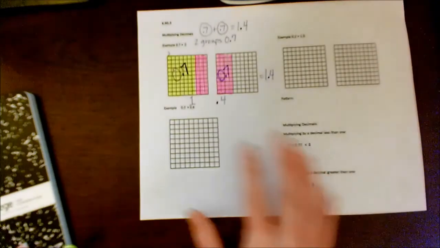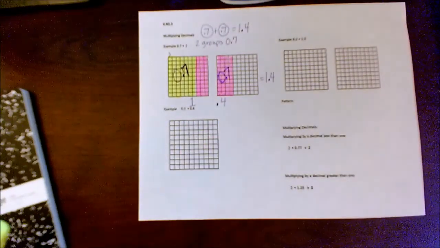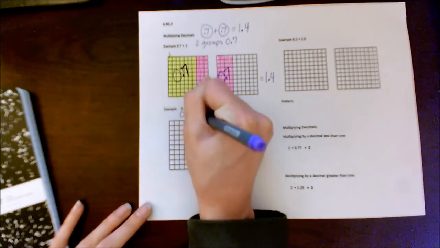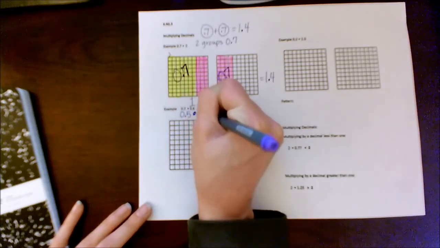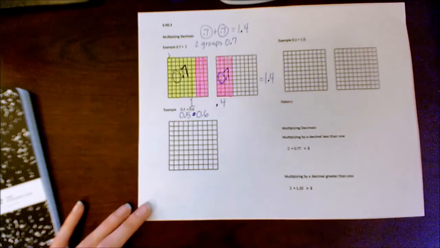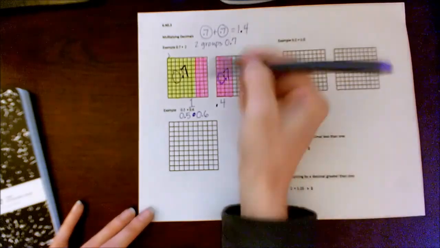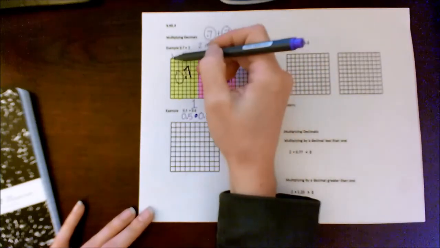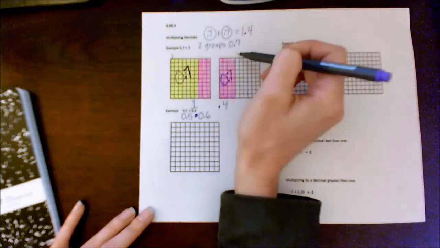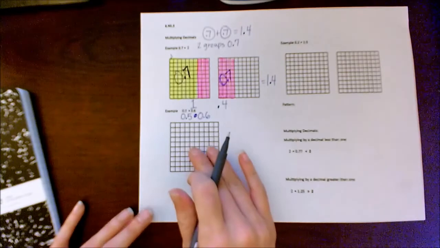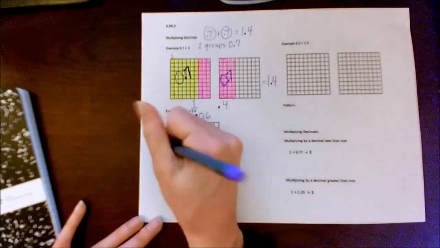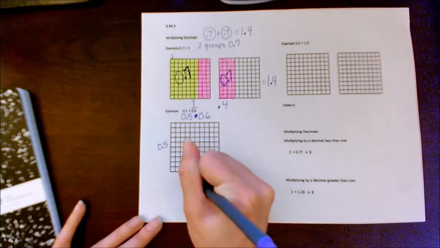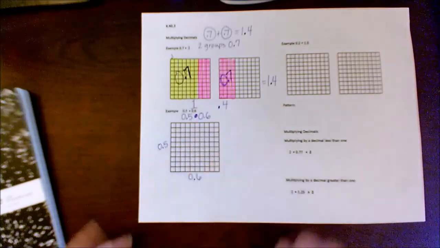So now let's think about what if I have 5/10 times 6/10. Okay? So we're going to use the same area model. So this is my area model for this one where I have my 7/10 and I have 2 of them. Okay, so my area model for this one, I have 5/10 on this side, and then I have 6/10 on this side.